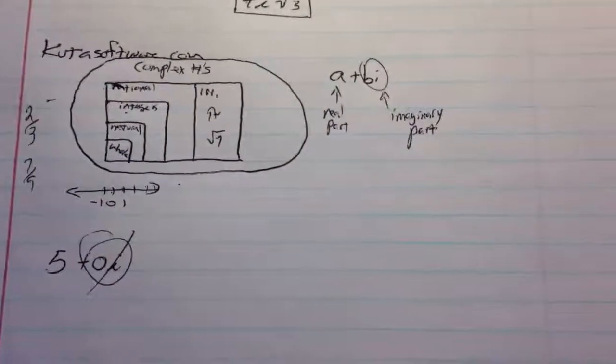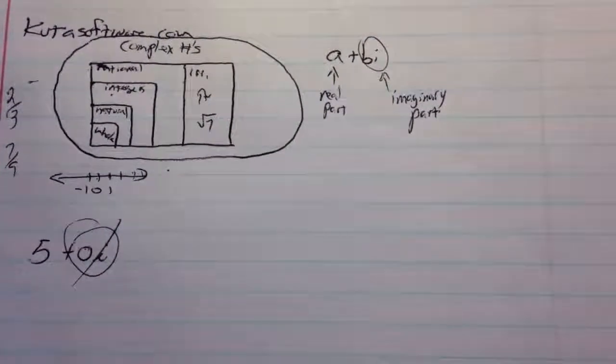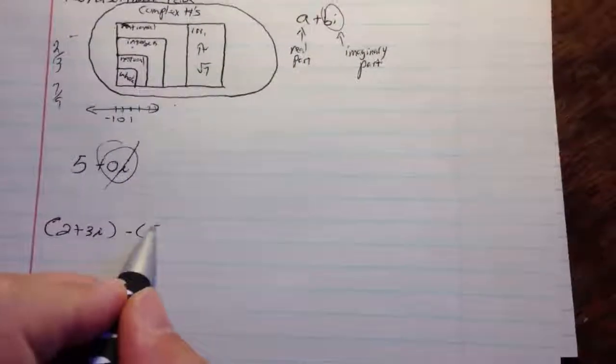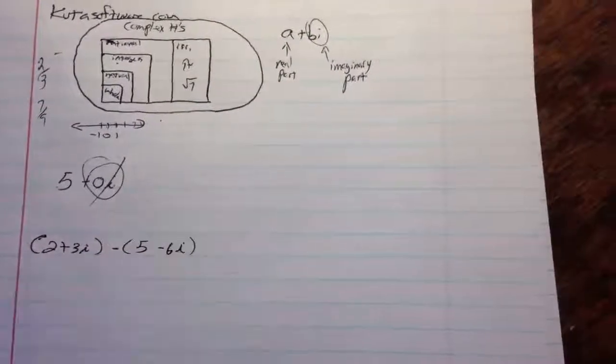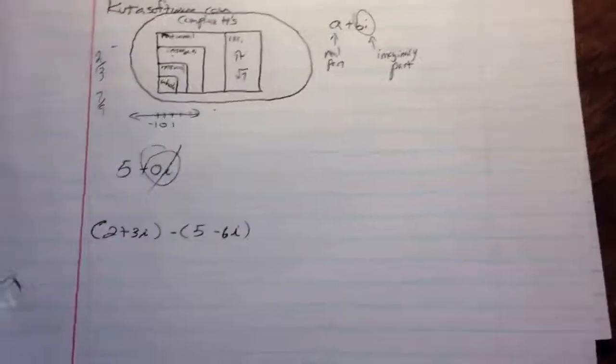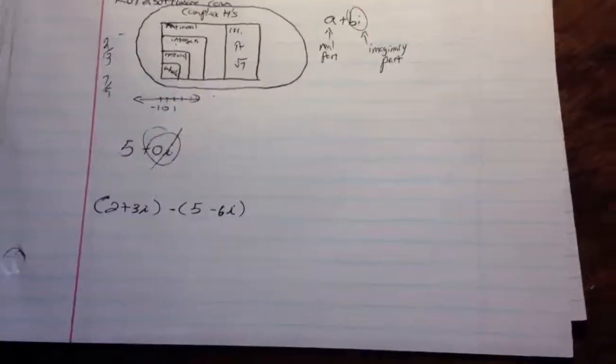So now let's go through and do one or two simplifying complex numbers problems. Let's start with something easy. 2 plus 3i minus 5 minus 6i. These are just like a normal algebra problem.